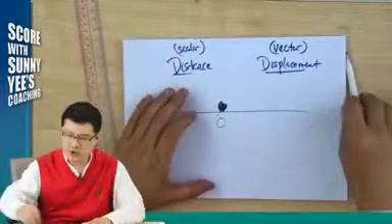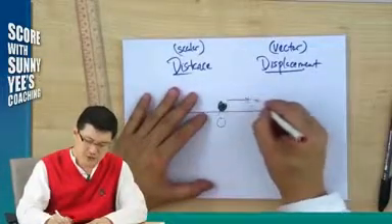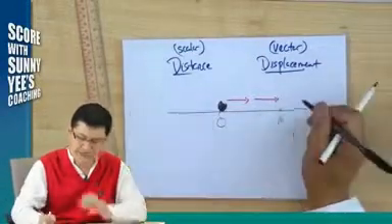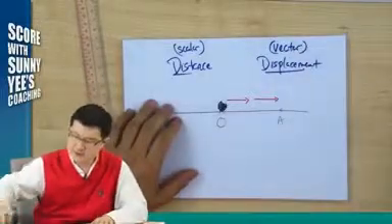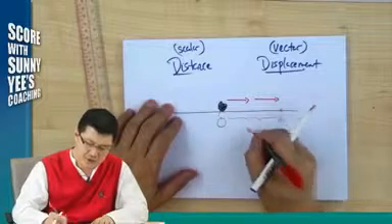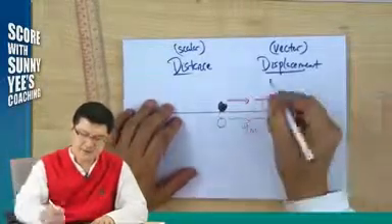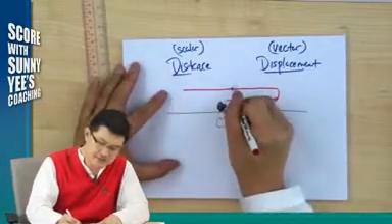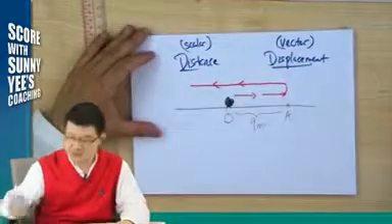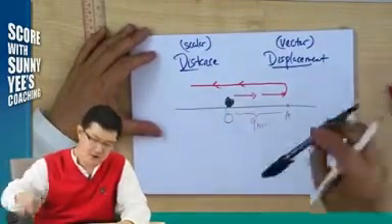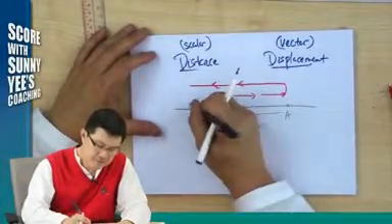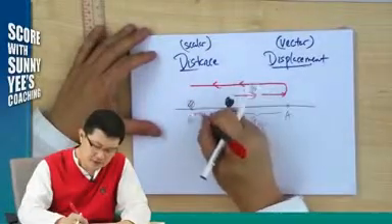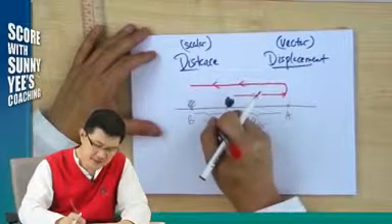It goes to the right to position A, and from O to A is 9 meters. It makes a U-turn and goes back until it stops at this position called B. From here to here is 5 meters.